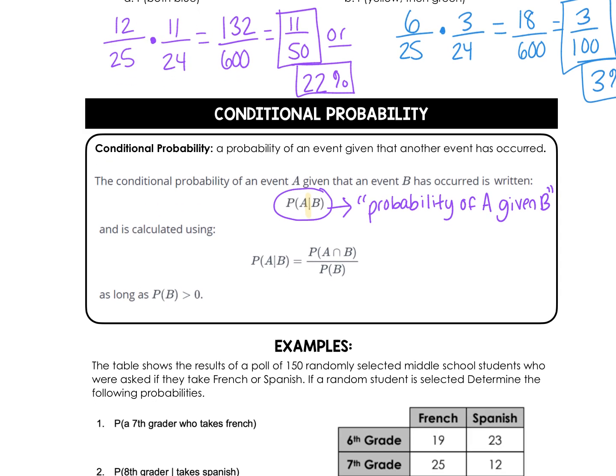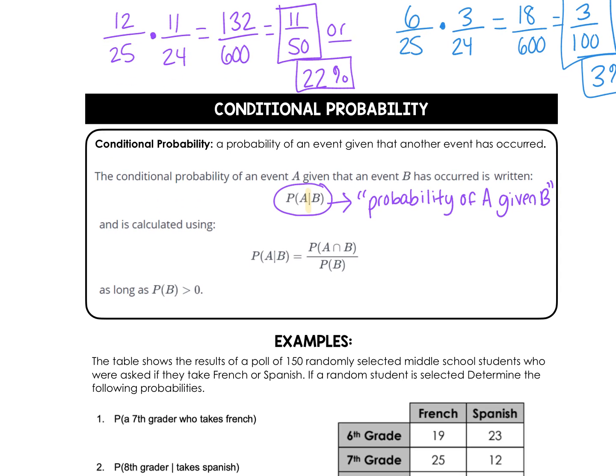There's a formula here. In order to find the probability of A given B, by the way, whenever you see the capital P here, remember that means probability.